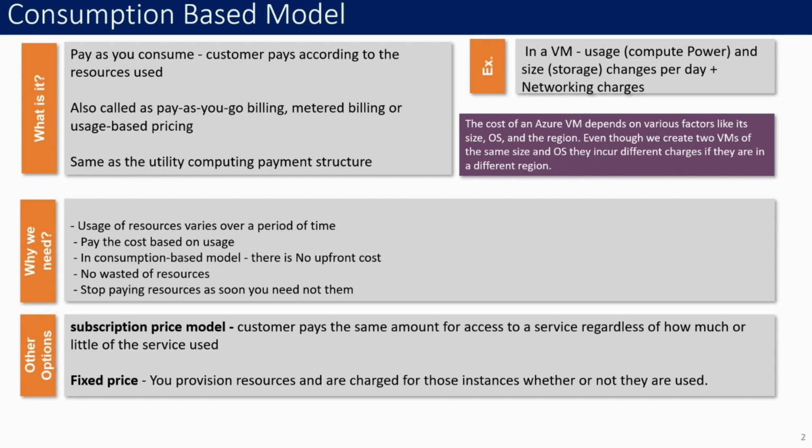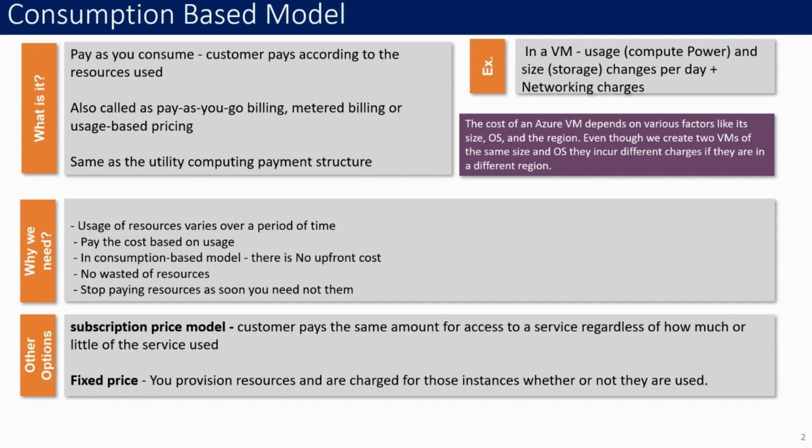Other than the consumption based model, there are two other approaches available. The first one is the fixed capacity model or fixed price model, in which the customer reserves a resource by making payment either upfront or at the end of a period, and reserves the resource exclusively for their usage. Here, if the customer is not using it for a specific period, they continue to be accountable for the reservation.